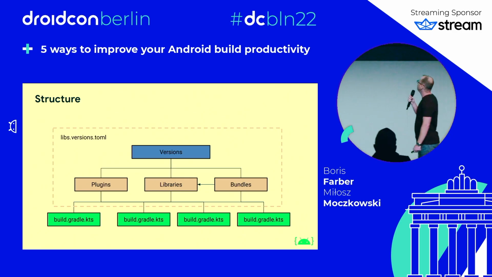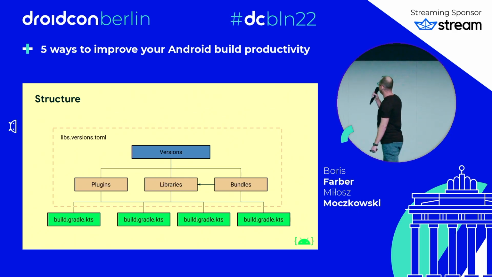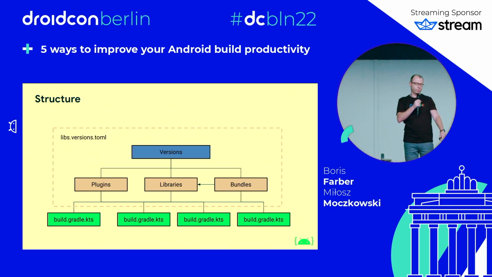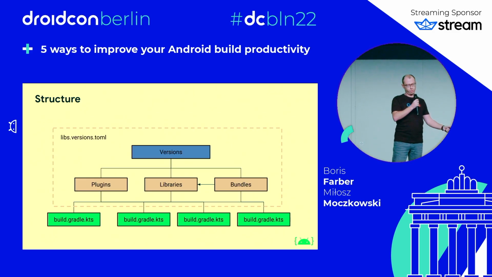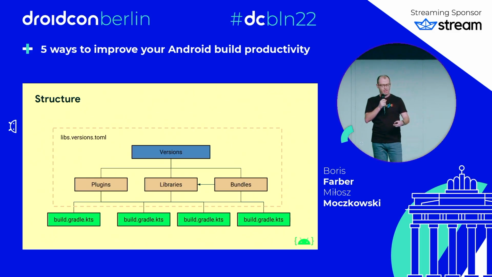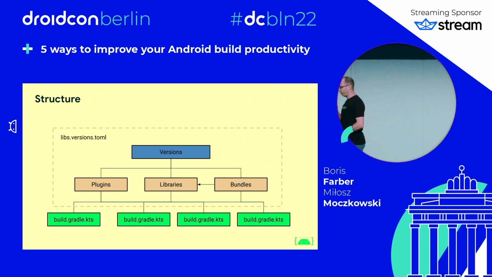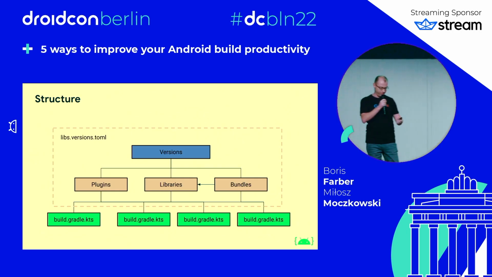It has the versions declaration on the top. Then it has plugins, libraries, and bundles blocks that are using versions. And then all our build.gradle KTS files are referring to exactly the same file for all dependencies, which means we have only one place to manage dependencies.